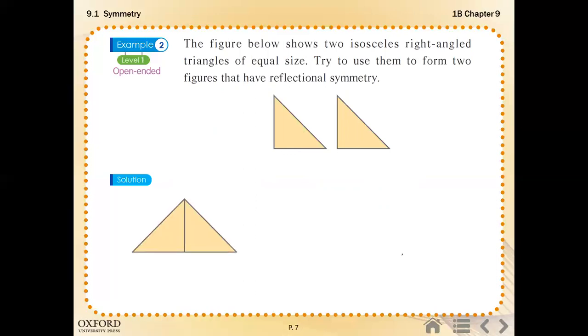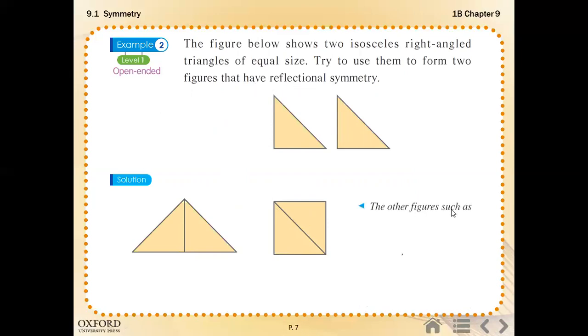Okay, I'll show you the first one. Along this, you can cut it into two equal halves. And you can form it in this way. So along the diagonal, you can find these two are equal as well. So they both have reflectional symmetry.